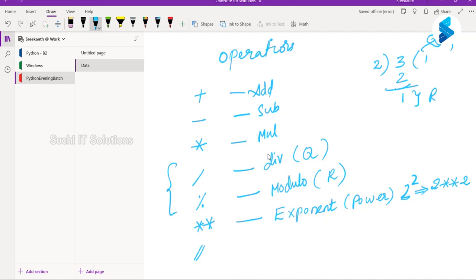Right. And then you have a double slash operator. It is called floor division. So if I say 5 by 2, what is the value? 2.5.